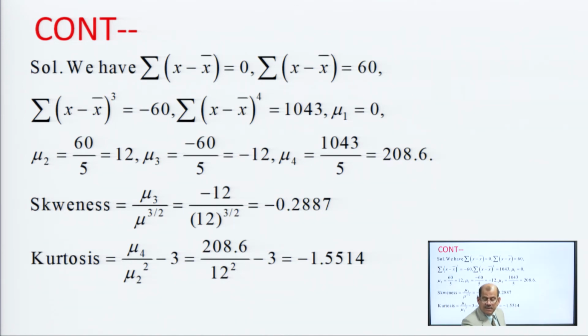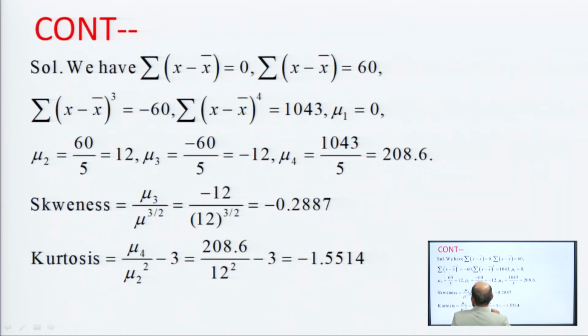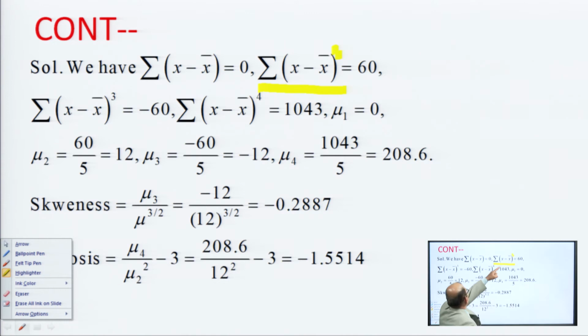The sum of x minus x bar square is 60, the sum of x minus x bar cube is minus 60, and the sum of x minus x bar to the power 4 is 1043.